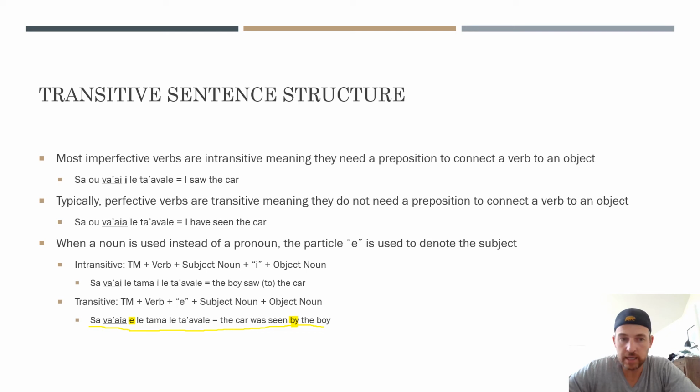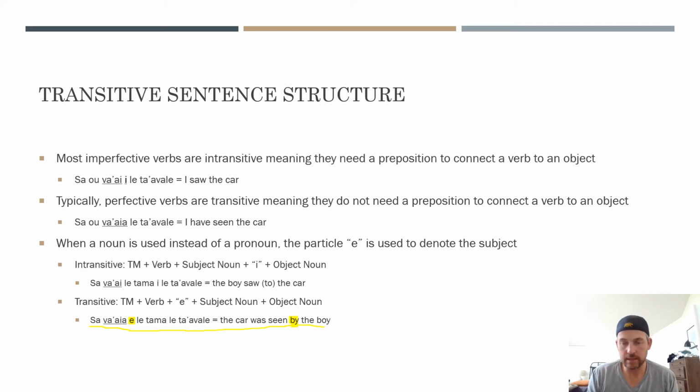Just saying sa va'aya leta'avale means "the car was seen," and we don't necessarily know by whom yet. That would be a complete sentence in Psalm 1: the car was seen or was noticed. And then you're still waiting for "by whom," and that's when you would say eletama.